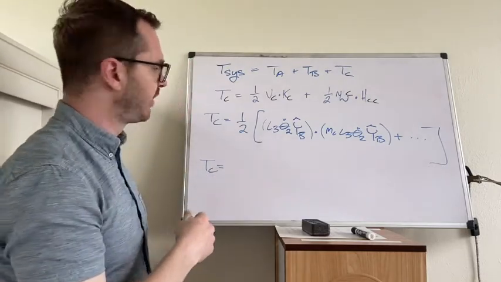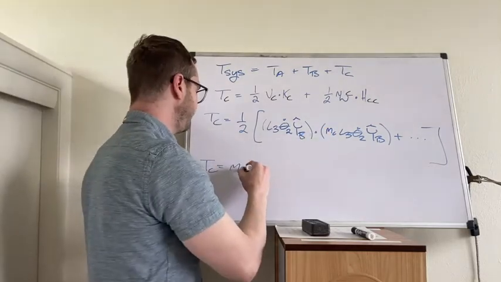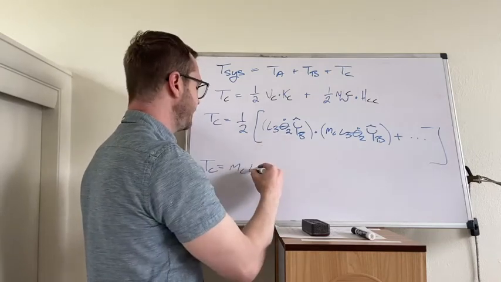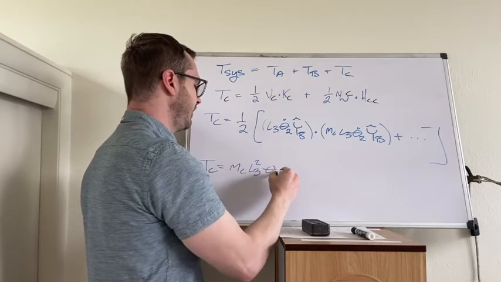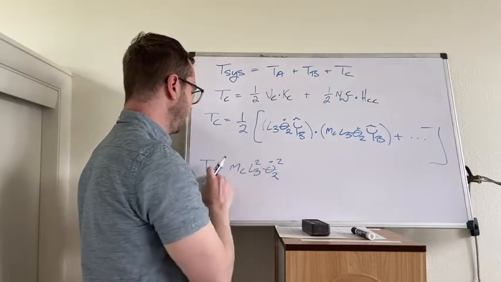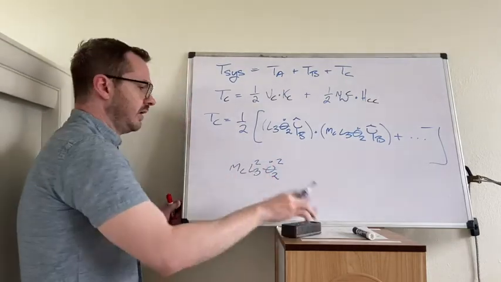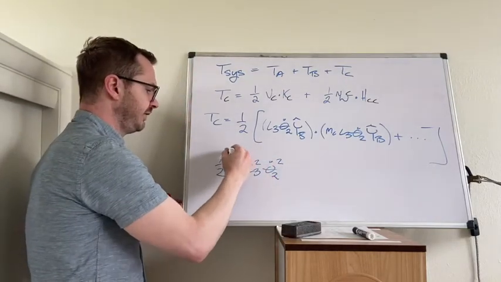So we can do this dot product and bring down the scalar mass, MC L3 squared theta 2 dot squared. Oh, 1/2. Don't forget the 1/2.